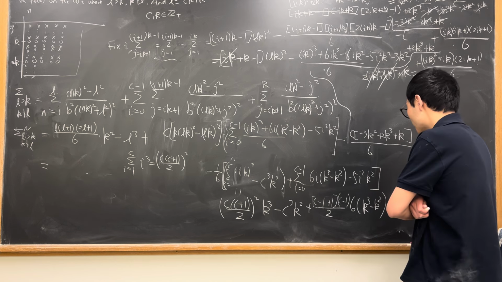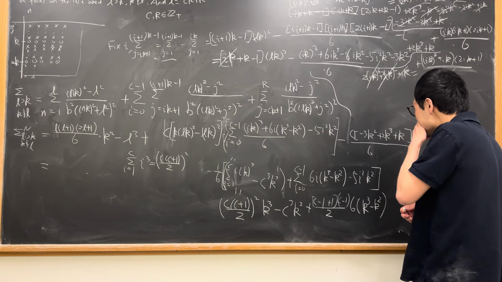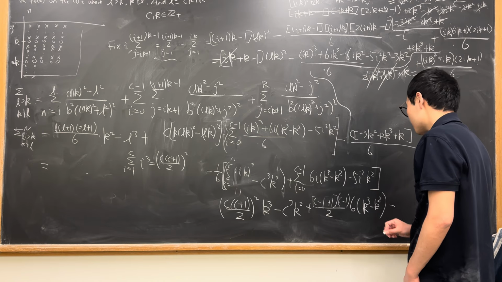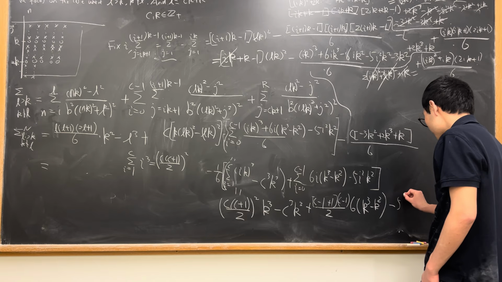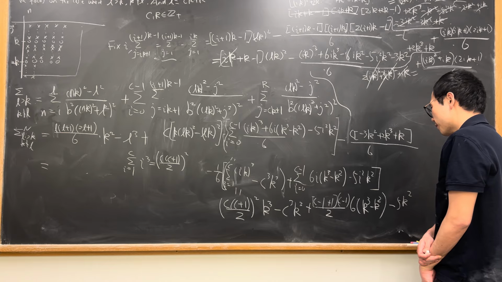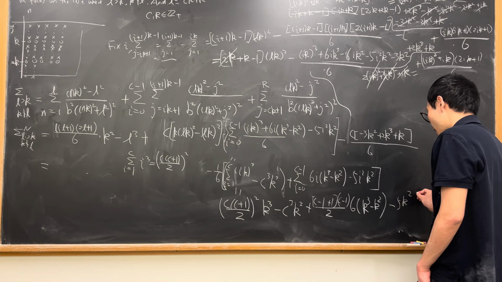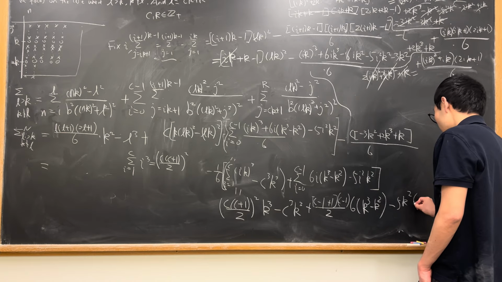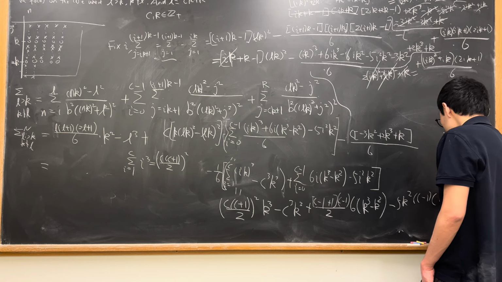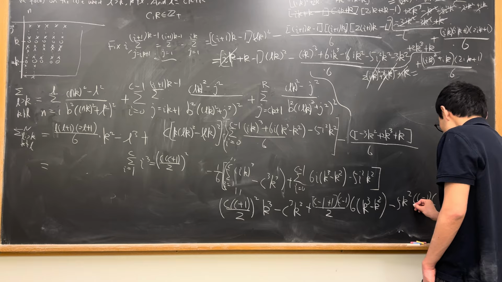And then we have the 5, and then minus 5k squared times c minus 1 times c times 2c minus 1 over 6.